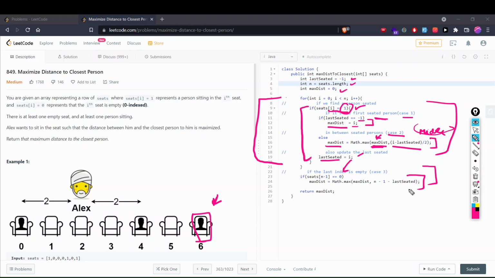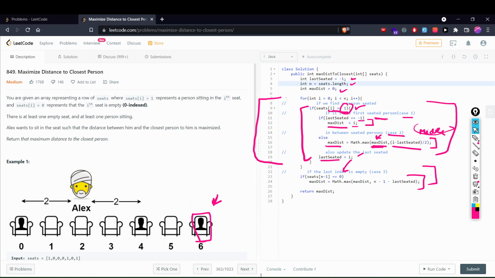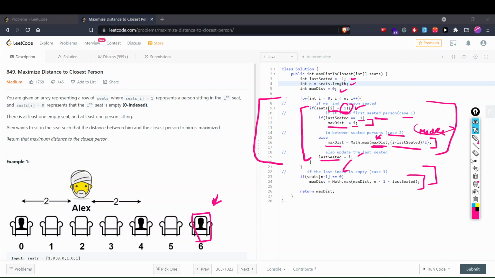This is the simple example I told you about as possible case number 3. Once we have checked case 1, case 2, and case 3, we get the maximum distance in this variable, and then we simply return it. I hope I'm making sense with this code now.